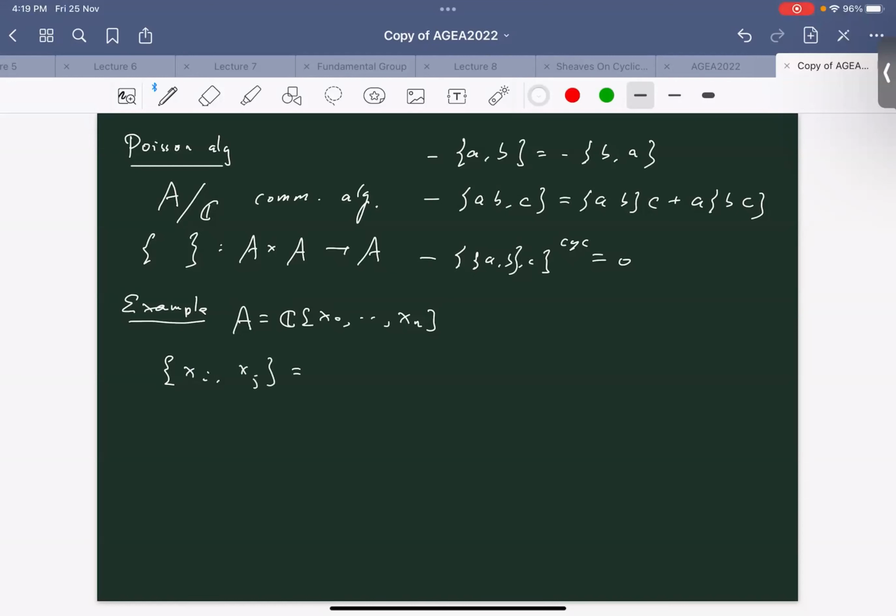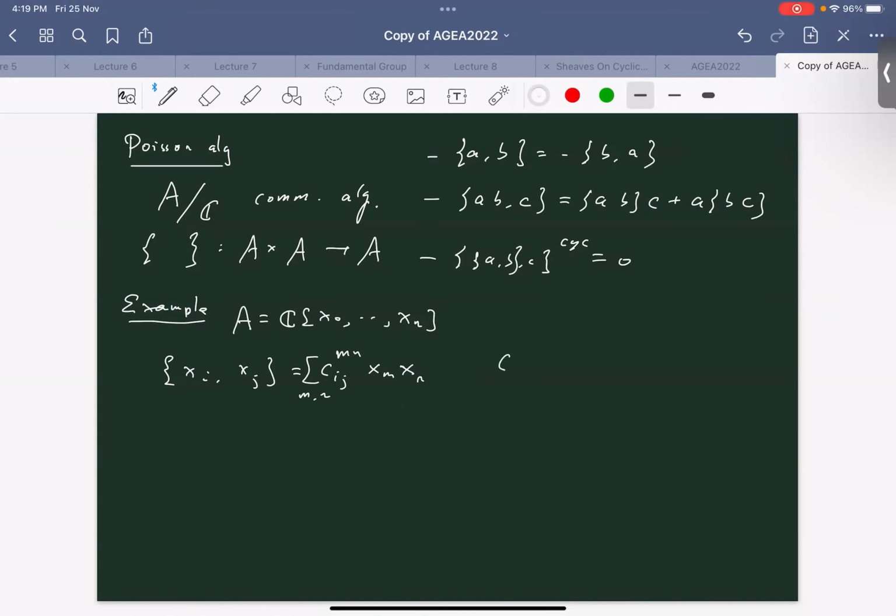But let me just assume this bracket is homogeneous of degree 2, which means I'm going to get a quadratic polynomial. There is a special reason why I care most about the quadratic Poisson bracket, which will become clear later. Of course, these coefficients are not arbitrary.